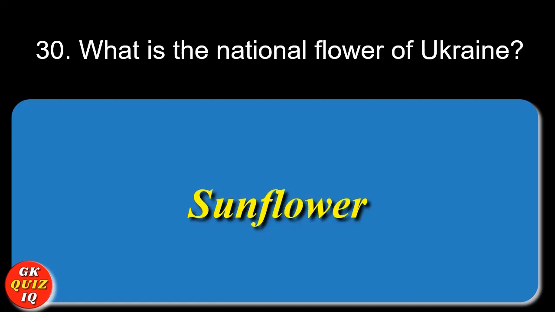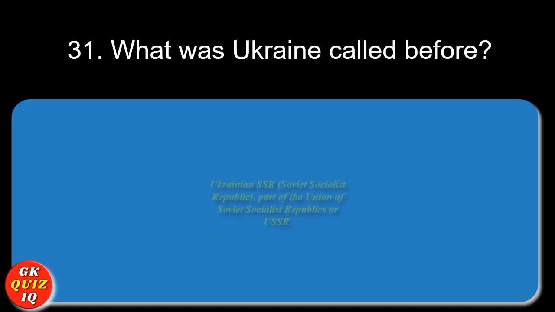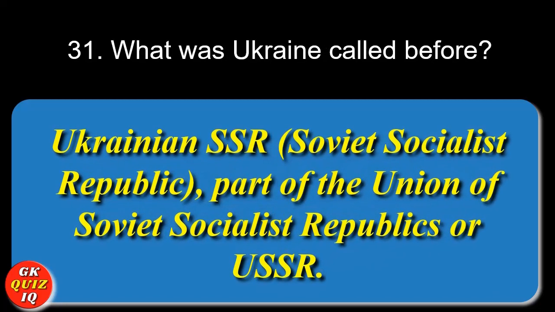Sunflower. What was Ukraine called before? Ukrainian Soviet Socialist Republic, part of the Union of Soviet Socialist Republics or USSR.